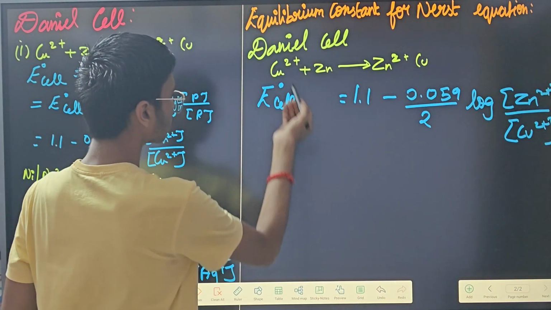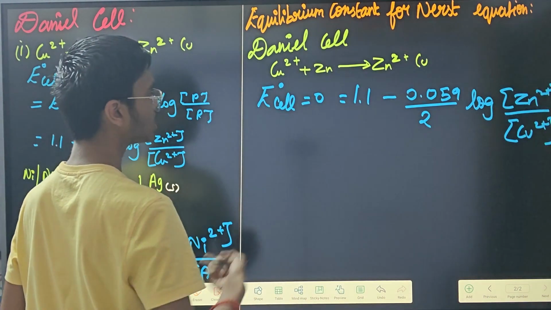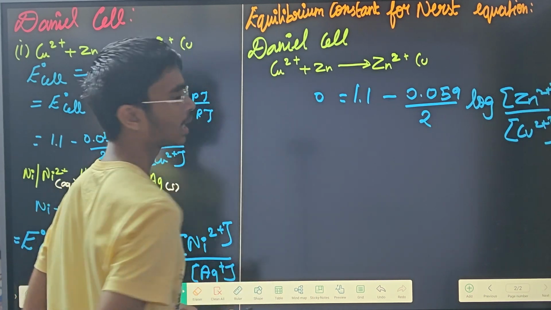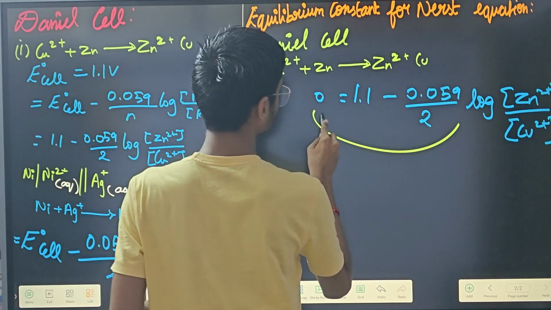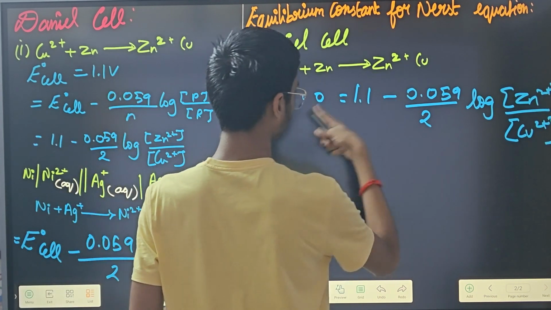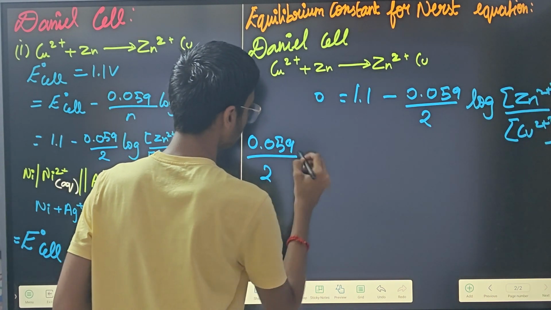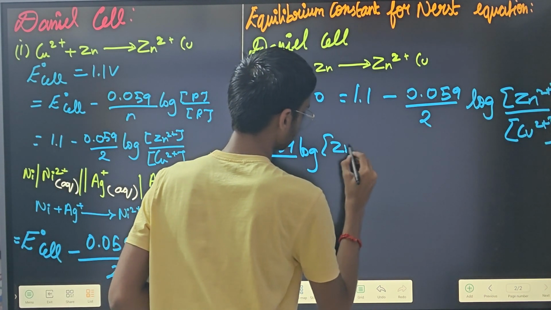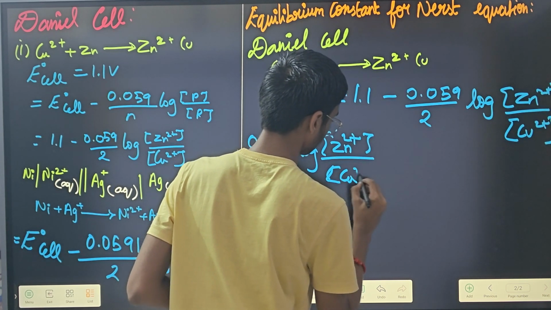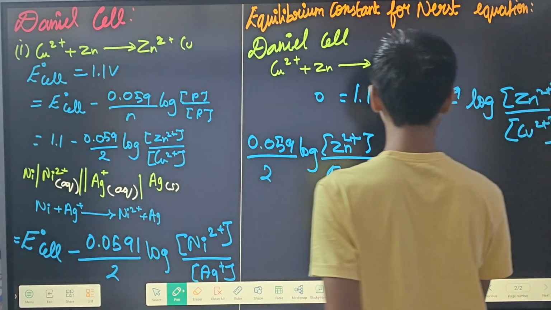Here I'm going to consider this E naught cell as 0. If it is considered as 0, then I will write it like this. I'm transposing this total part to here, so I can write 0.059 divided by 2 into log of Zn2+ divided by Cu2+ is equal to 1.1.